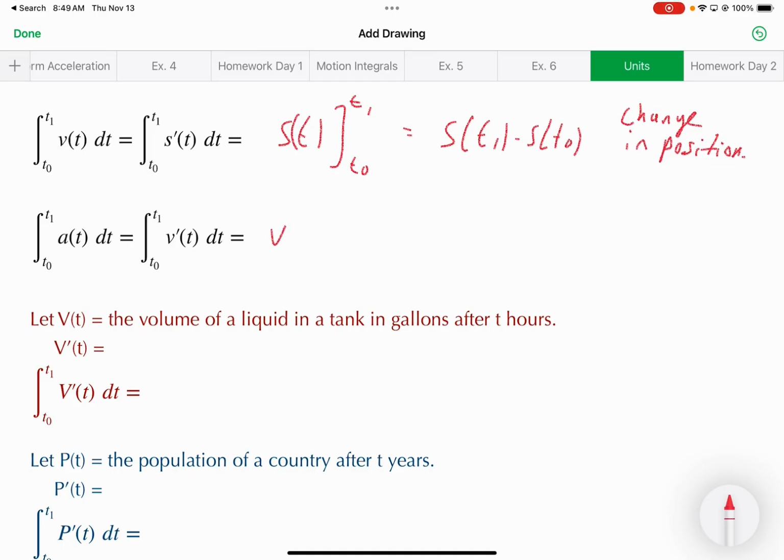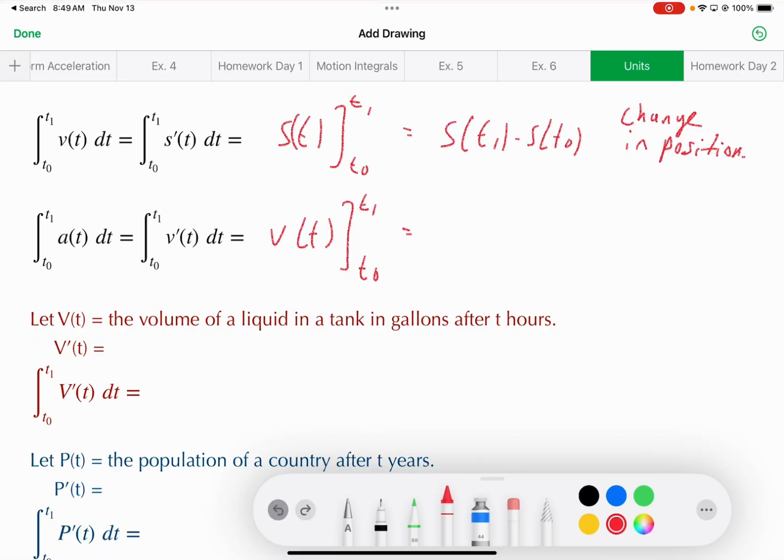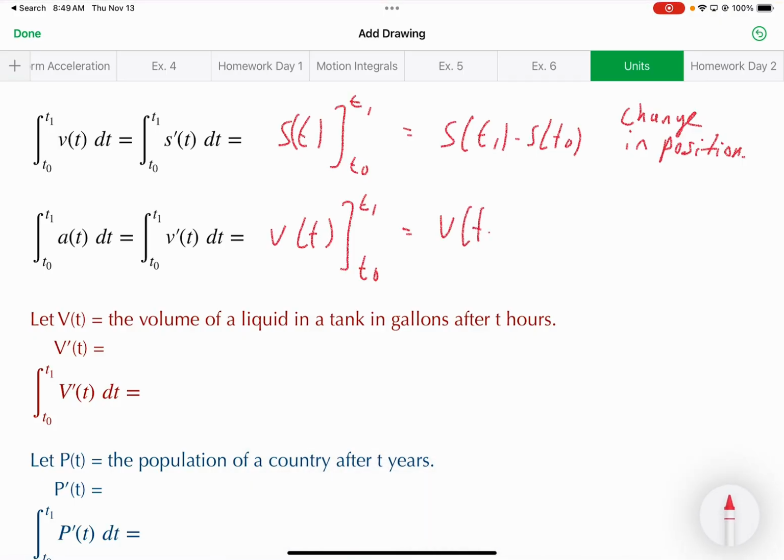So if I evaluate that integral, instead of v prime of t, I get v of t from t sub 0 to t sub 1, which is v of t sub 1 minus v of t sub 0, my change in velocity. So integrating my acceleration tells me my change in velocity.